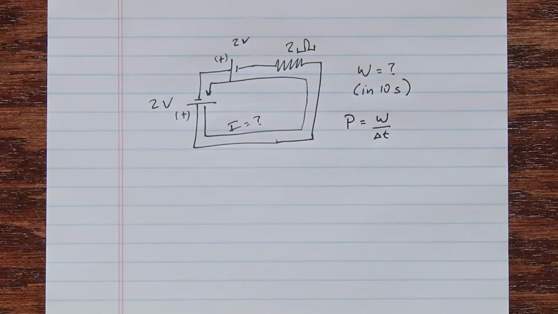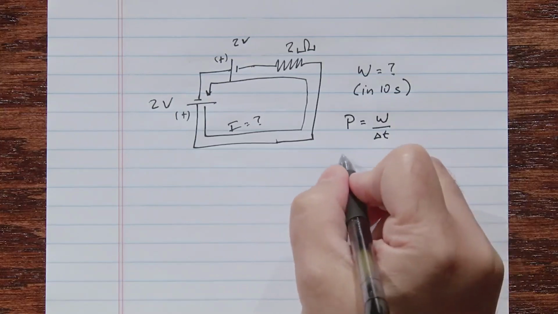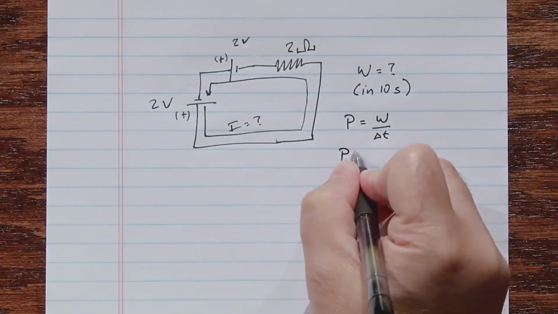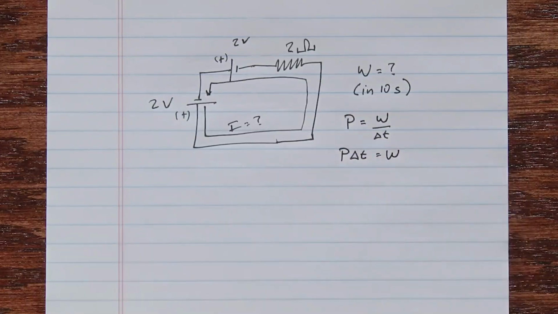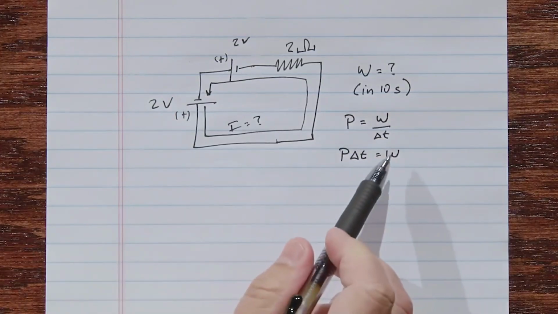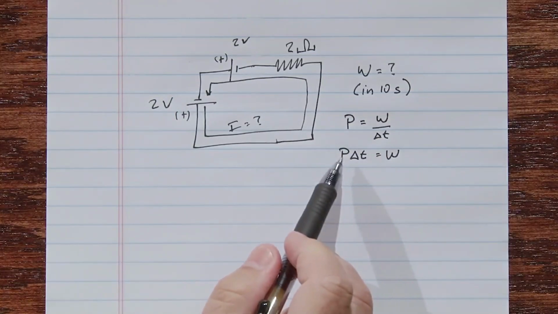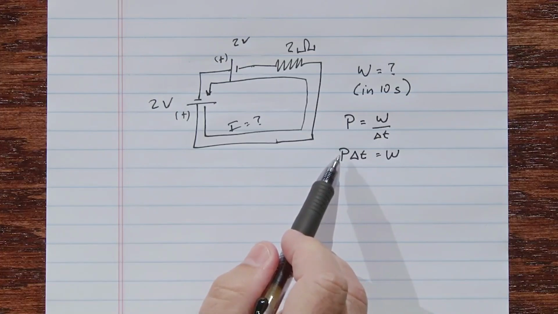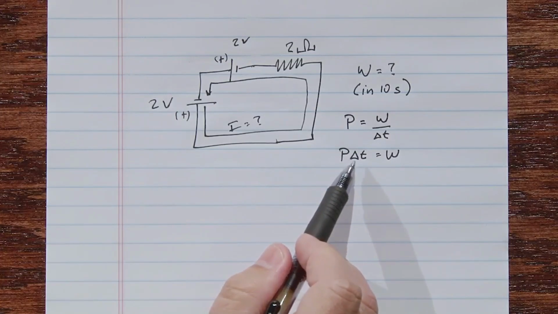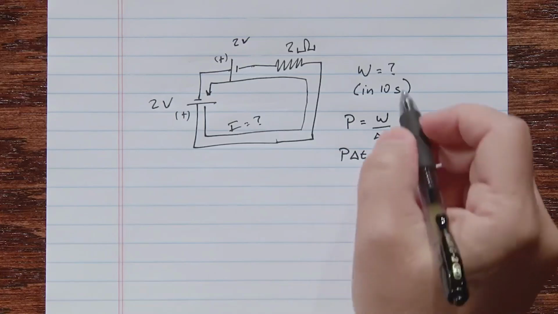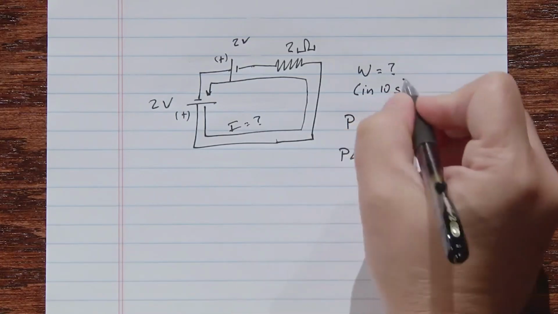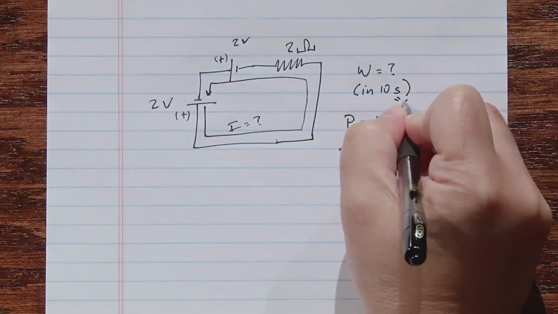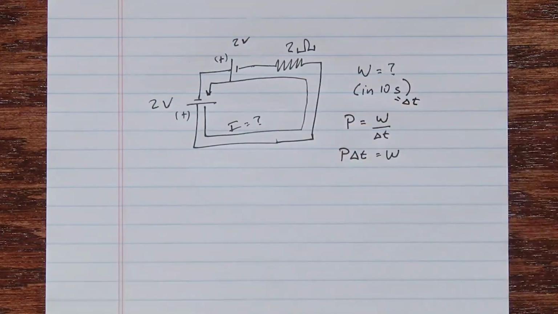So the work done by a battery will be equal to the power in each battery times the change in time. So in order to find out the work done by each battery, we need to find the power delivered by each battery and then multiply by time. Delta T is equal to 10 seconds.